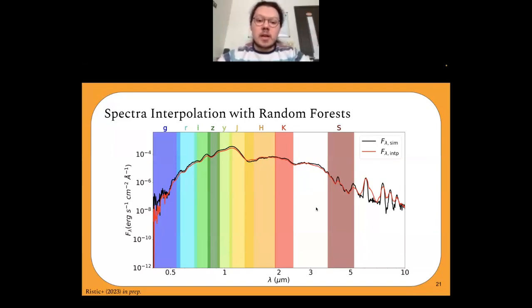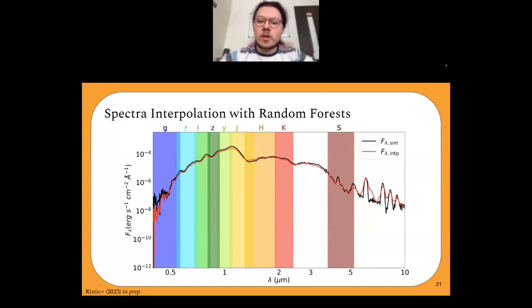And we see that we get extremely good agreement, particularly in the bands we are interested in from G to K. You might notice that there is some weird behavior here in the G band, and particularly that our interpolation output is less bright than what the true value is. However, this is just because these are particularly jagged features in the spectrum here.